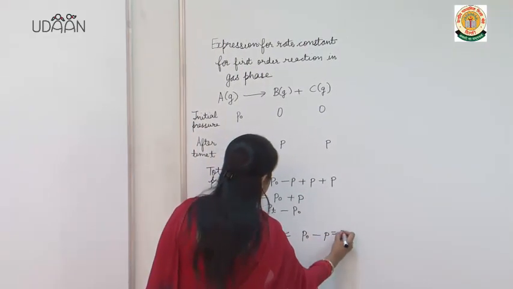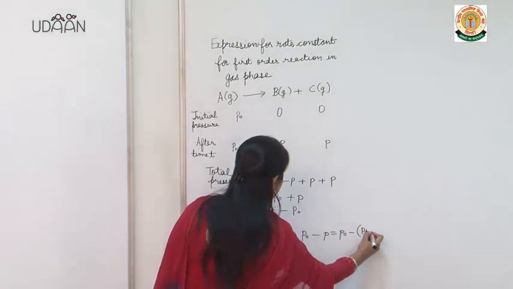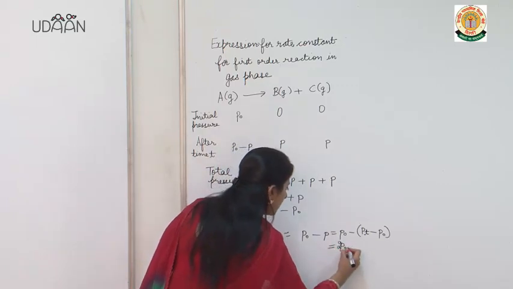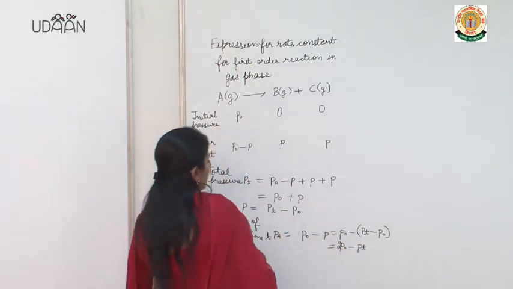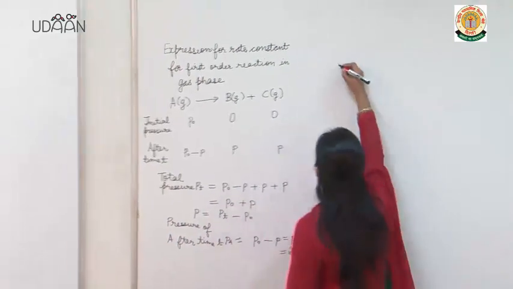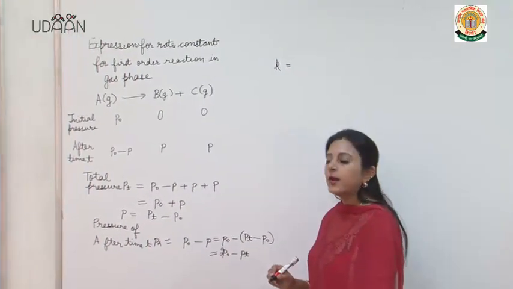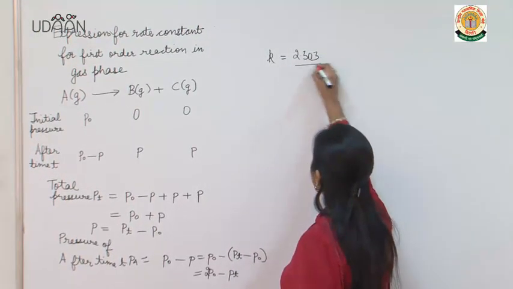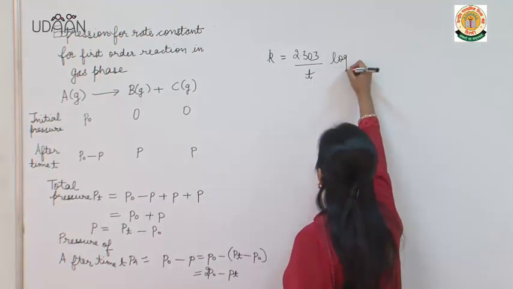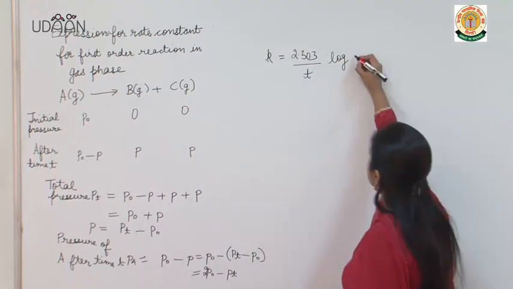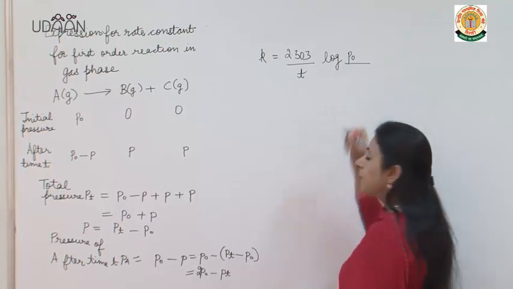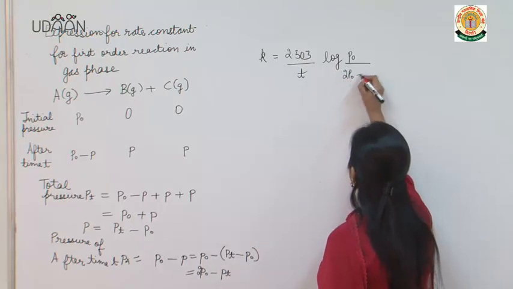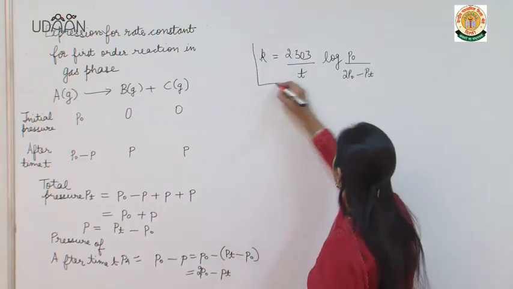It is P naught minus, so that means 2P naught minus Pt. So if I substitute it in the formula for first order, I will get K is equal to 2.303 upon t log. Now what is the initial pressure? Initial pressure is P naught, and what is the pressure after time t? It is 2P naught minus Pt. So this is the expression which I get.